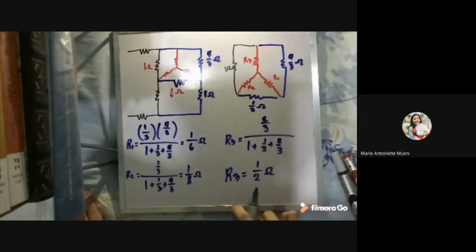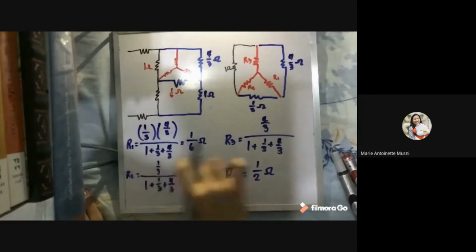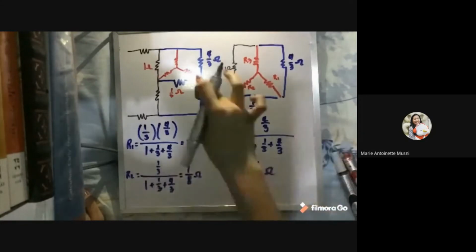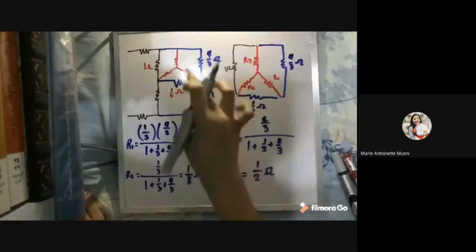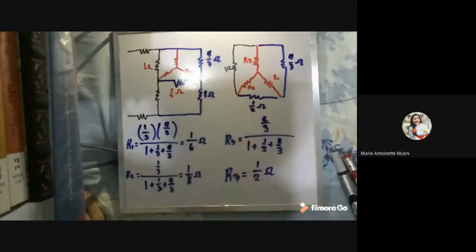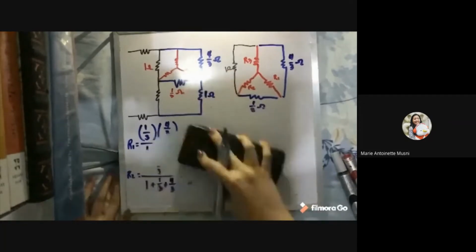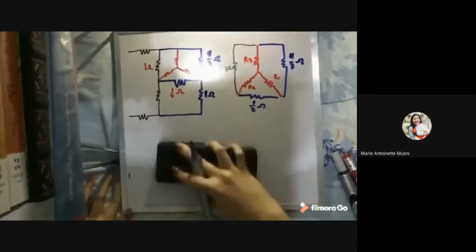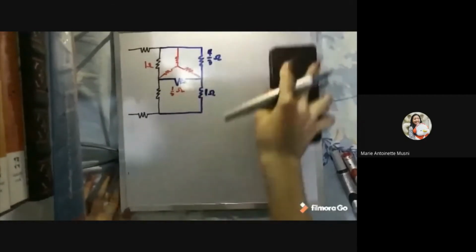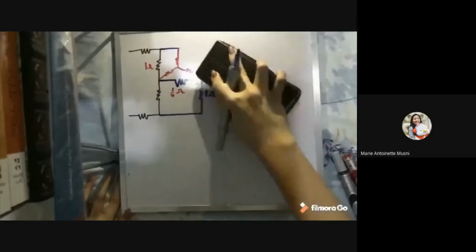Now that we have all our values for R3, R2, and R1, we can plug these values into our now transformed Y connection. So let's just erase this first, and we're going to redraw our circuit. Let's just erase these from our delta. Now we're going to be left with this Y connection.